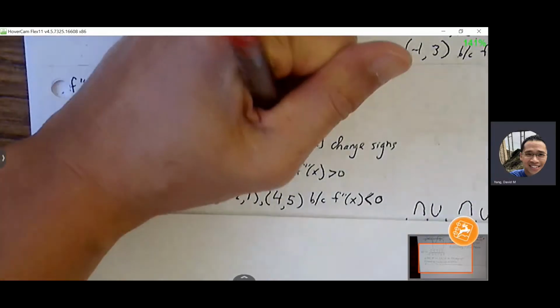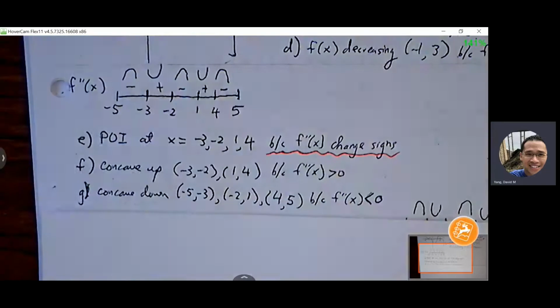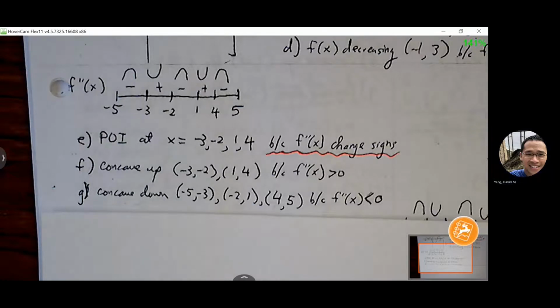All right, make sure you include because statements for POI. If you can create your sign lines, writing out those statements should be the easy part, right? You're just pulling that information directly from your sign line.